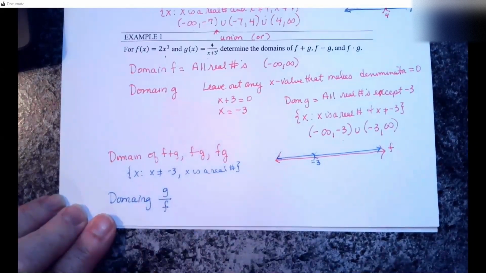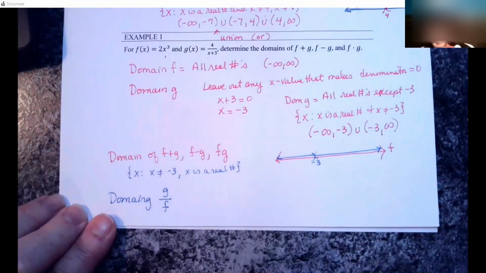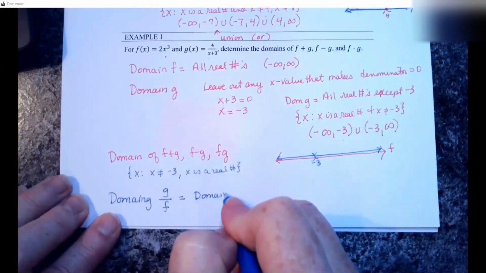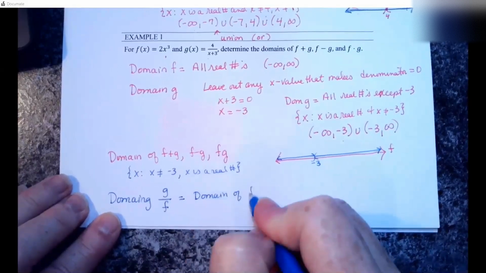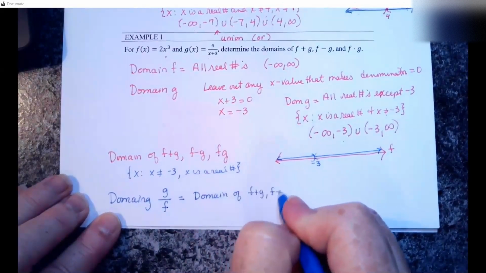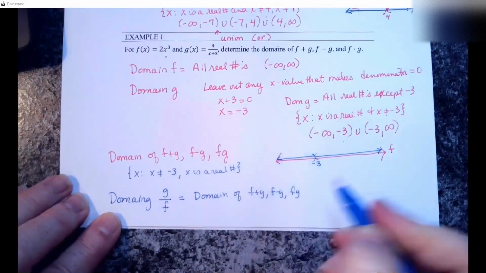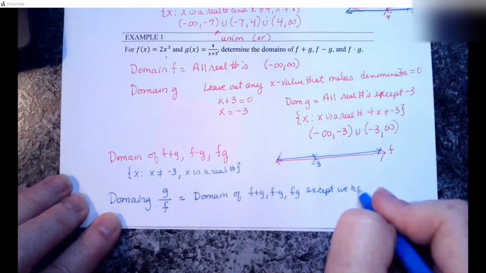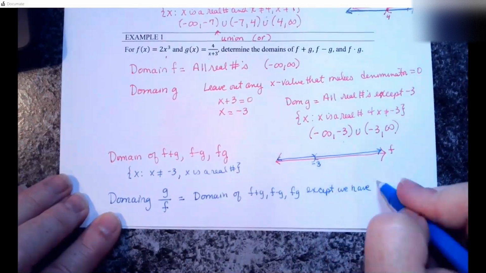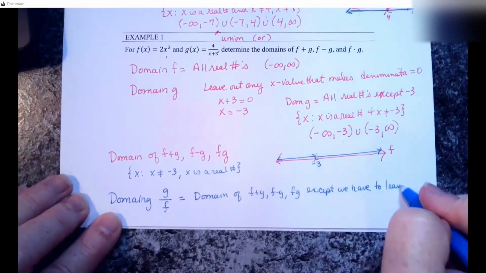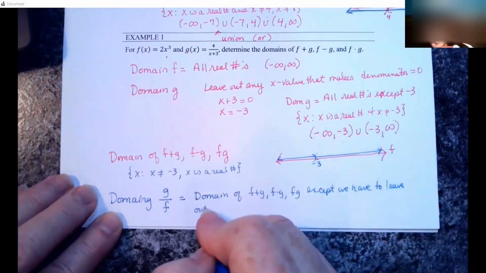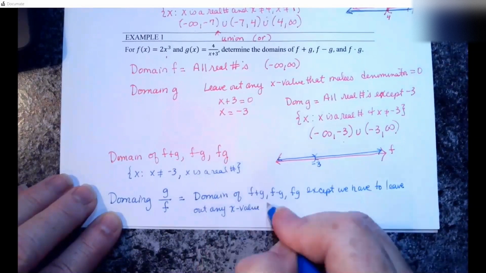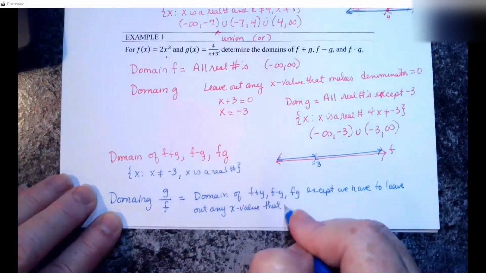The domain of g divided by f is going to be the same as the domain of f plus g, f minus g, and f times g, except we also have to leave out any x value that makes the denominator, in this case, f, equal to 0.